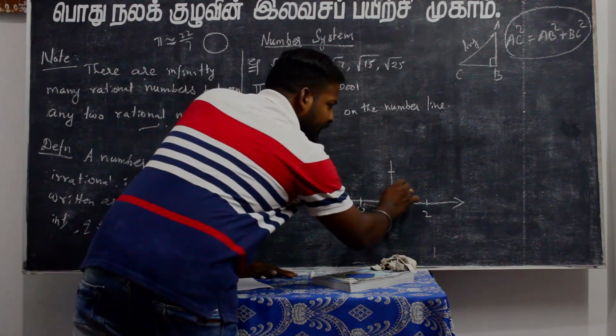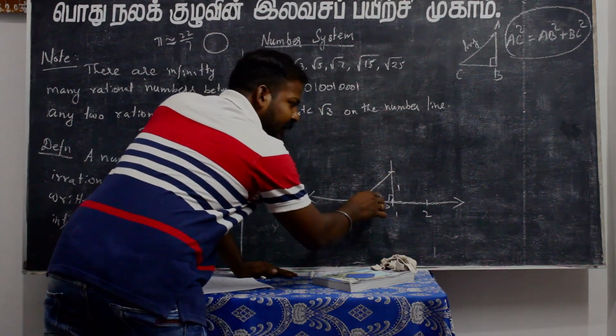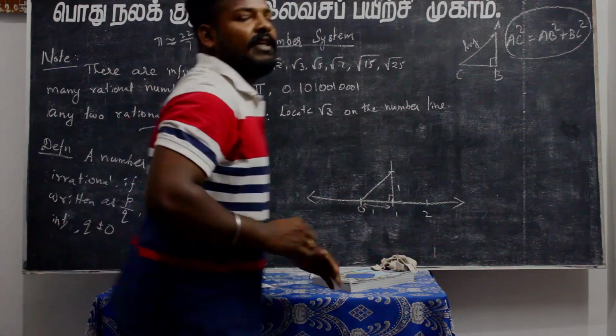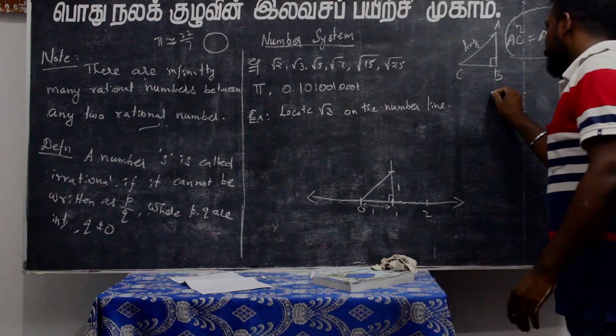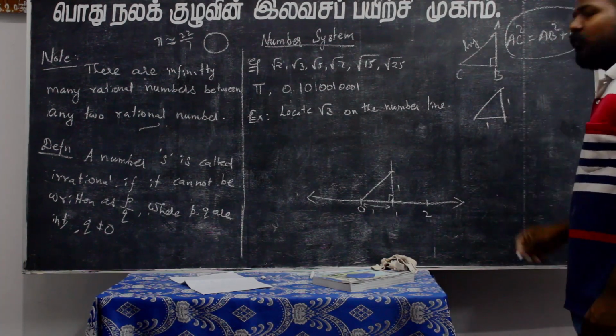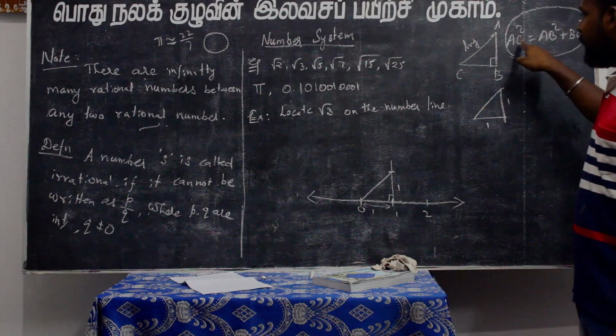So what will we get here? Here also 1, here also 1. So this is what triangle? A right angled triangle. This is your 90 degree. This is 1, this is also 1 unit. So how can you find the hypotenuse?